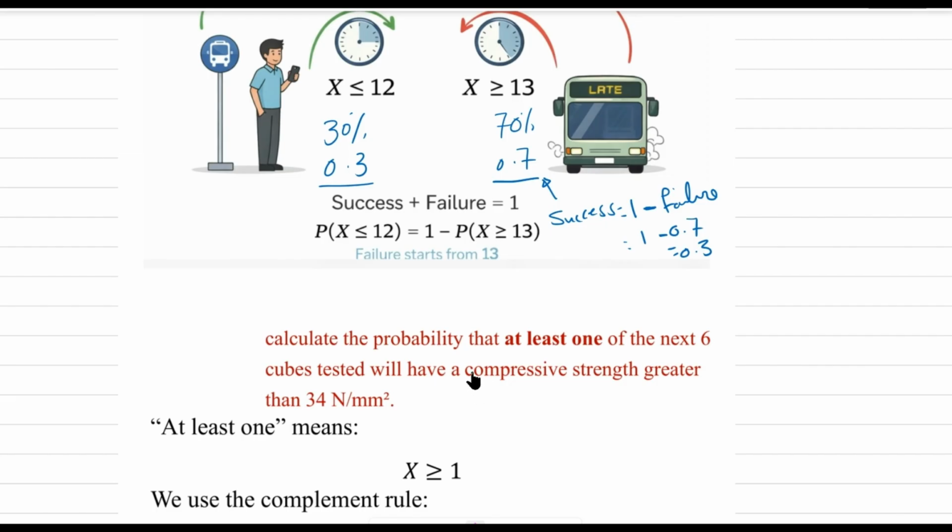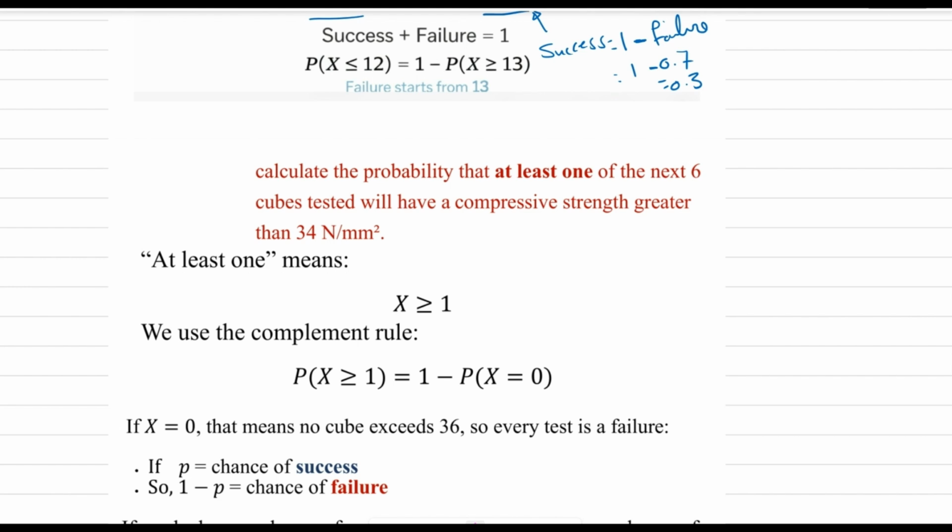The probability of at least 1 equals 1 take away the failure, if none of them exceed 36 megapascal. So if x equals 0, that means no cubes exceed the required mechanical property, compressive strength. That's why it's easy to calculate the failure here if x equals 0.